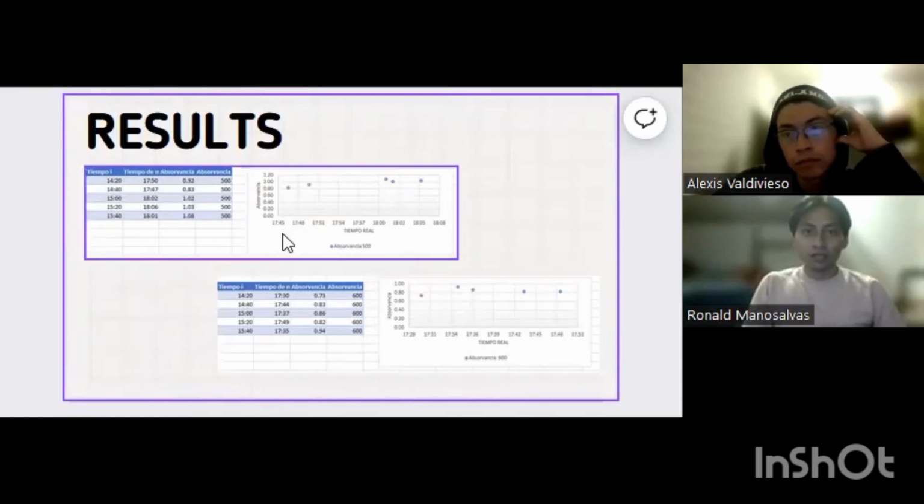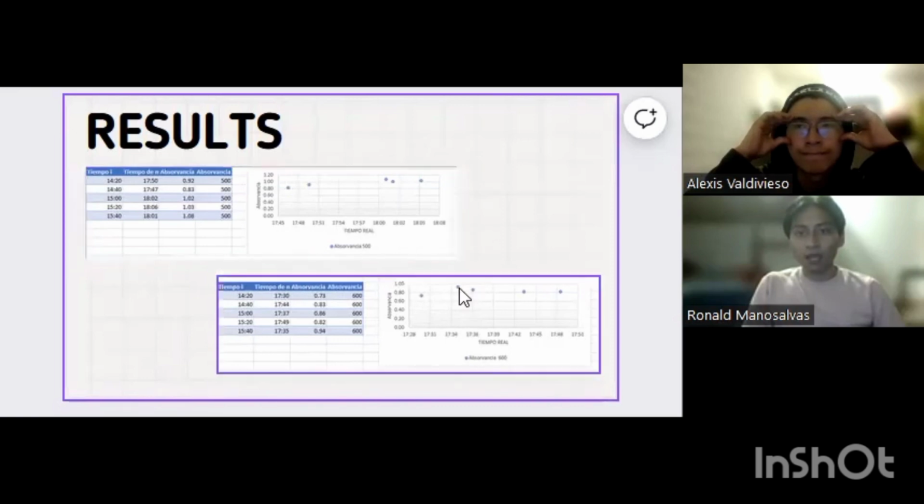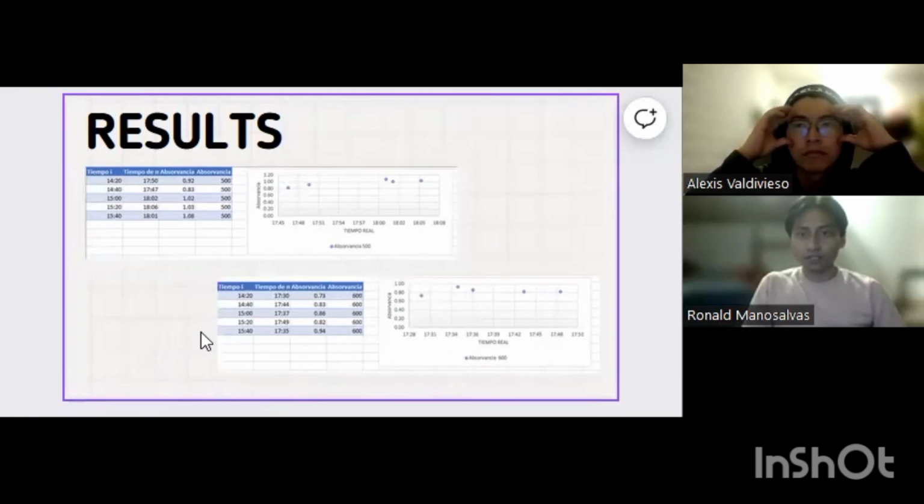Observe that in the absorbance, 50 to 500, we observe different points in different parts that this graphic doesn't represent of the exponential curve. And at the same time, it passed with the absorbance to 16 points.